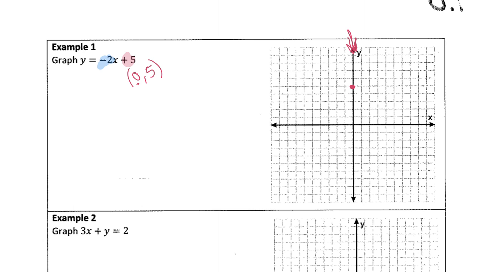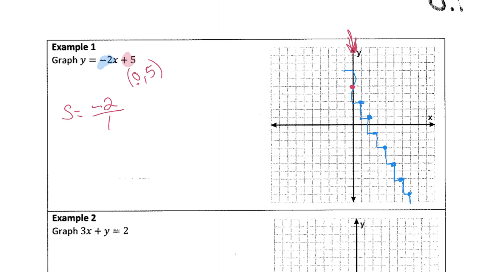And then my slope. My slope is rising a -2 and going towards a +1. So what that means is I'm going down 2, but then I'm going towards a +1. Going down 2, +1, down 2, and so on and so forth.